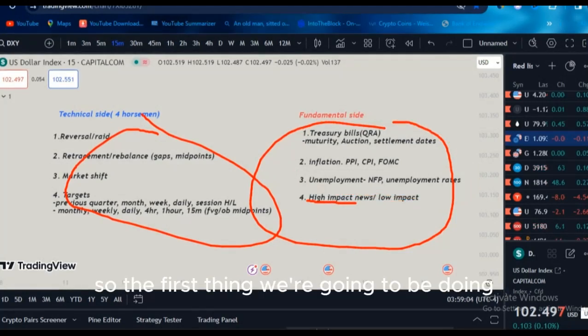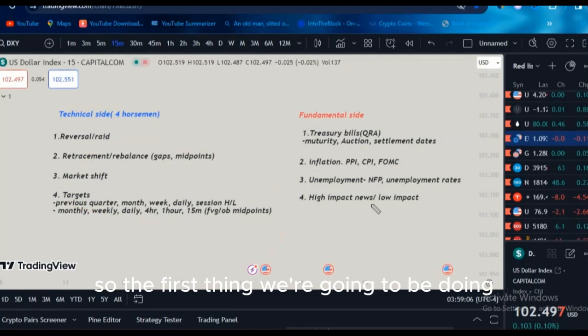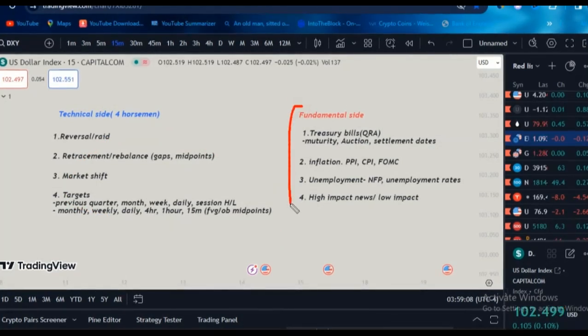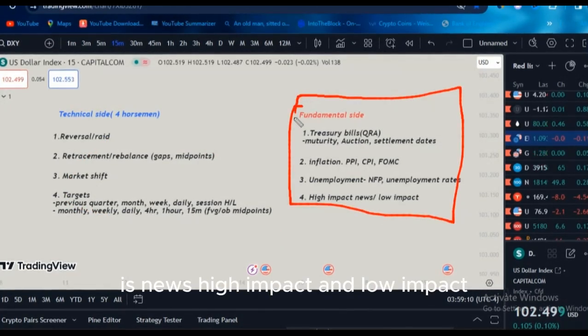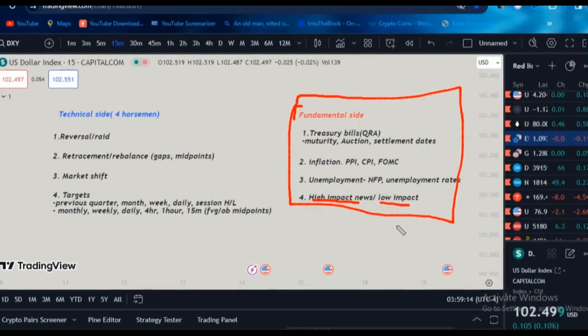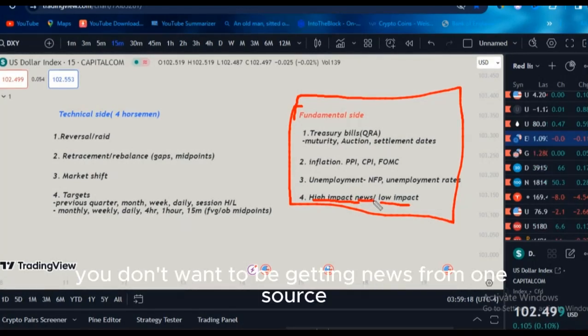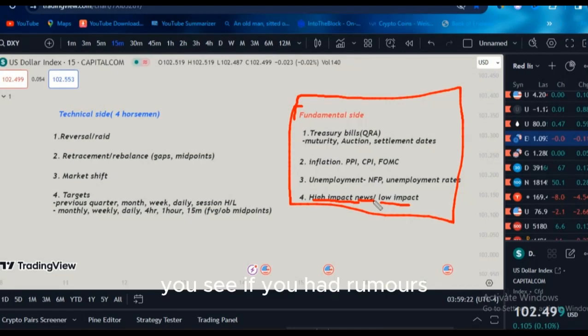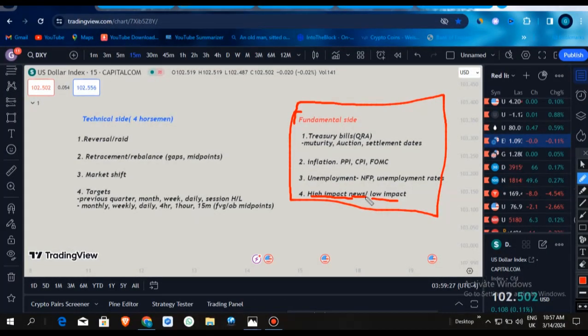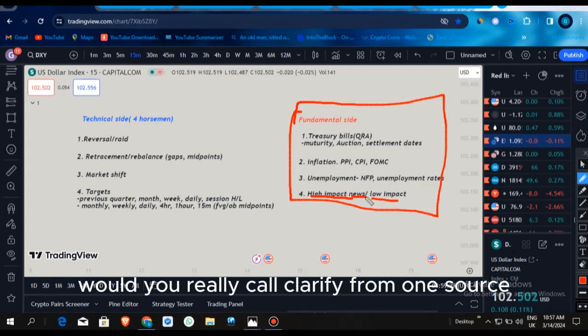So the first thing we're going to be doing is news, high impact and low impact. Now, you have heard the word news. You don't want to be getting news from one source. If you had rumors, would you really clarify from one source?